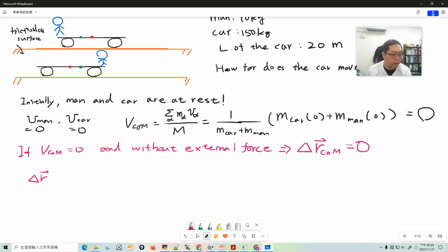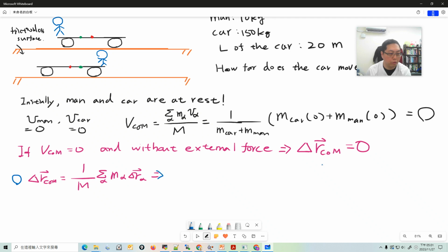Because the displacement vector delta R COM, as I showed in the previous video, is 1 over M, the summation over alpha of m alpha delta r alpha. The left hand side is zero because the center of mass doesn't move under this condition.